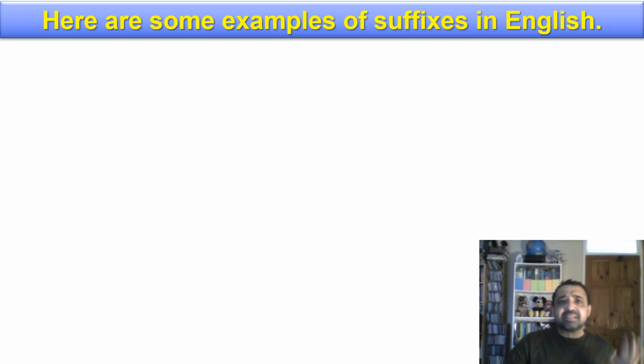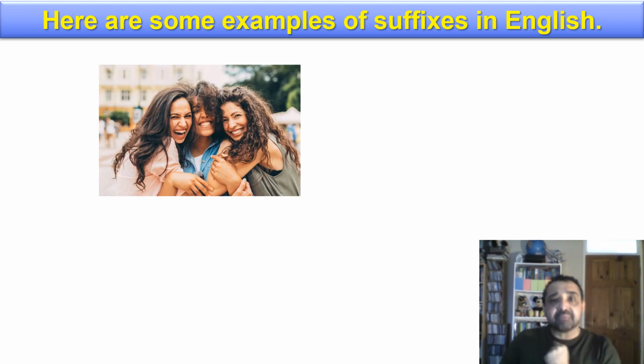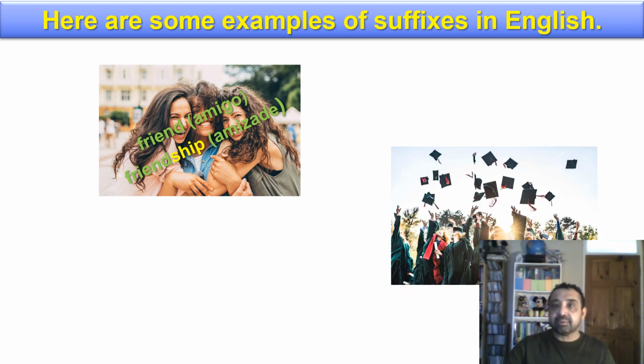Let's think of an example. Let's think in English, okay? Let's think about words like friend. If I add ship to the word friend, I have a totally different word. And the same thing applies to Portuguese, como friend, amigo, friendship, amizade, okay?